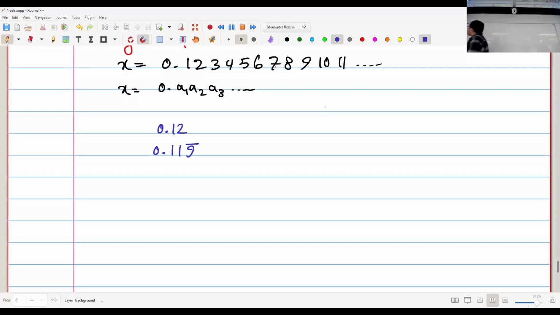Okay. So these two are representing the same number, and I will always use the second representation. So if I always use the second representation, I don't have to talk about terminating representations. Every representation is going to have a fixed part and then a repeating part. Okay. And then if I do this, you can go back to the original theorems and show that every rational number has a unique representation.